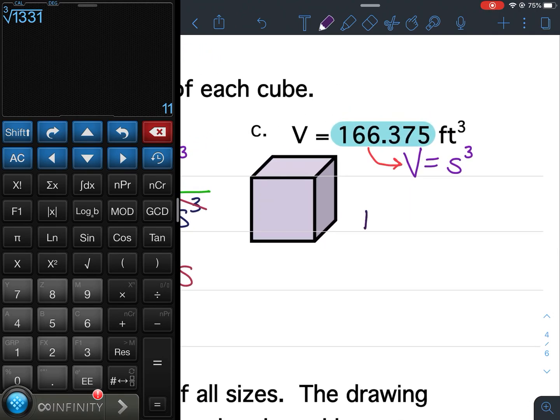I'm going to substitute in 166.375 equals S cubed. Again, it's a cube, so I need to take the cube root of both sides.